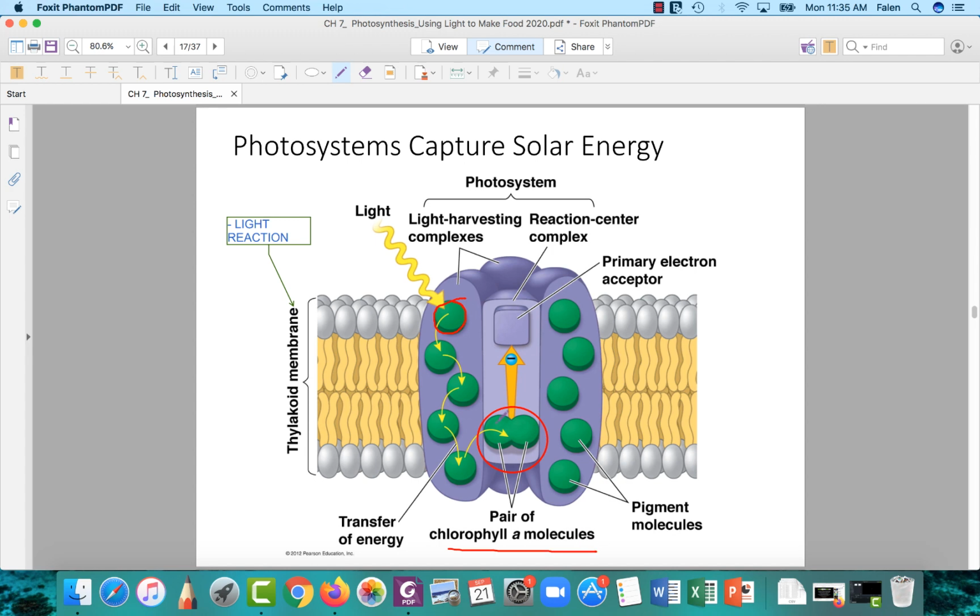Now notice this little box here. This is called the reaction center complex. This whole photosystem is a light harvesting complex. Now this doesn't exist anywhere else except inside of a chloroplast organelle, specifically inside the thylakoid. All right, so we know the anatomy, and let's see how this all works.